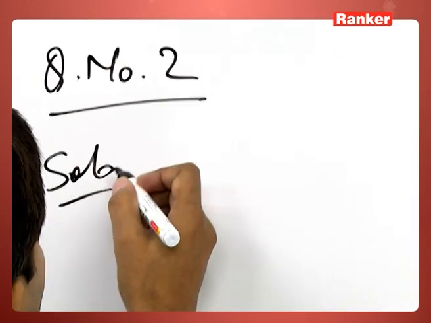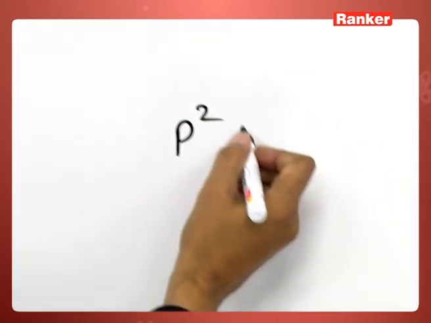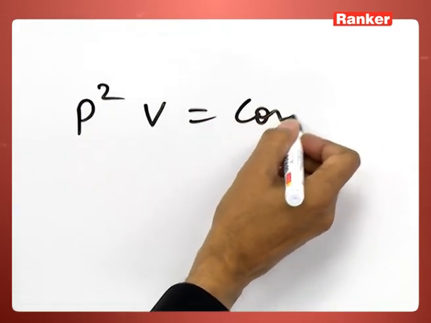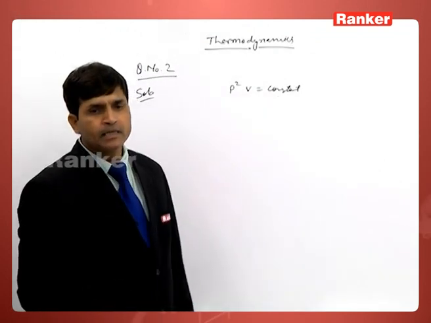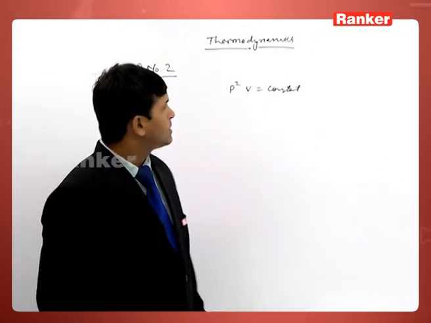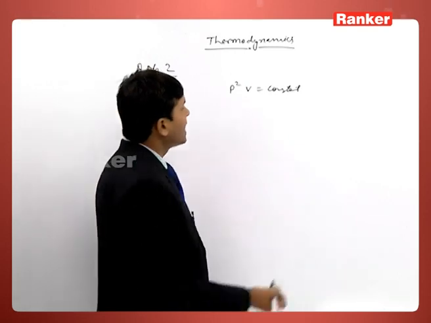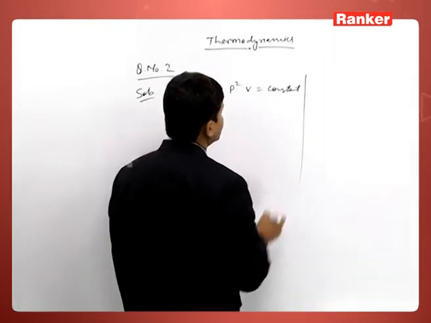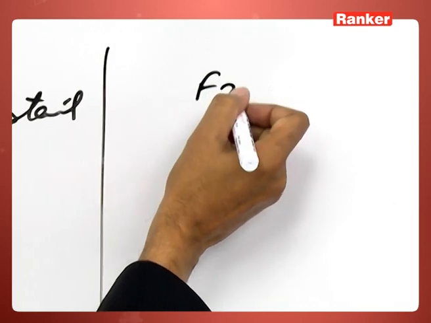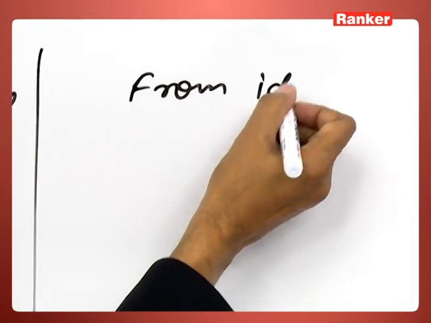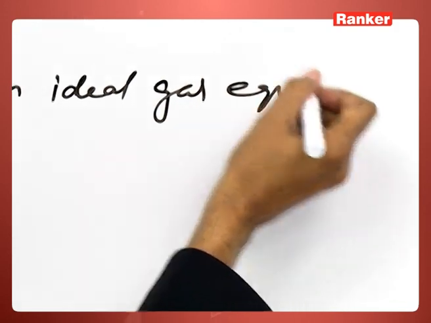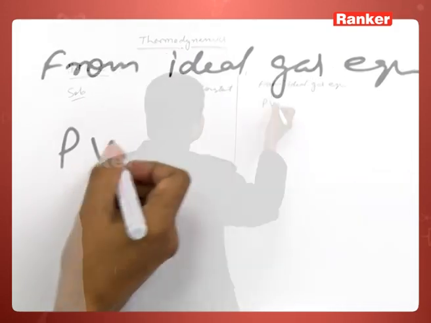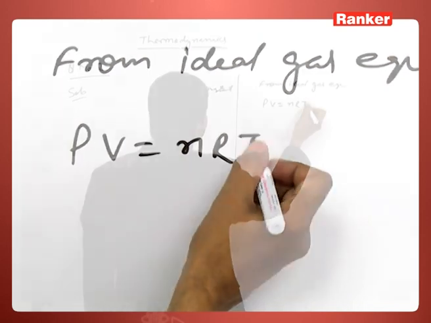Now see, in this problem a different relation is given: P square V is constant. So the volume and temperature are given. As we know, this is the given expression. Now, from the ideal gas equation, PV is equal to nRT.